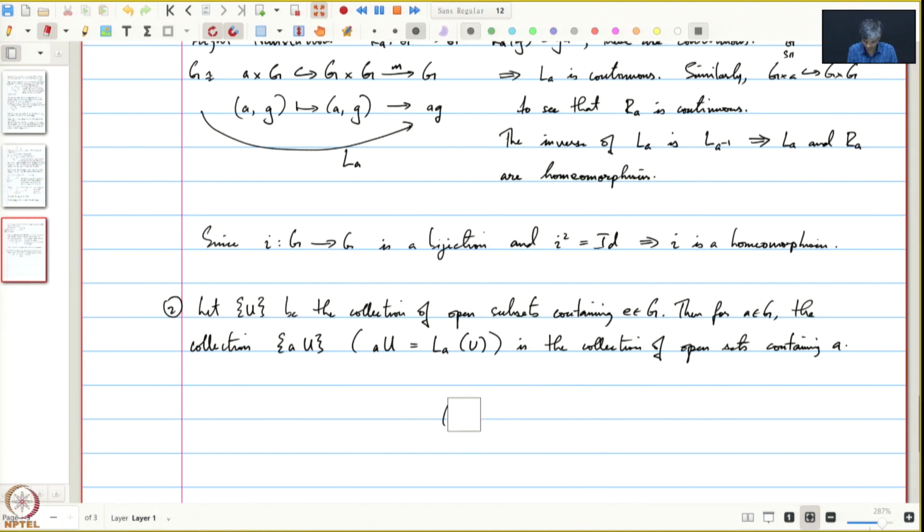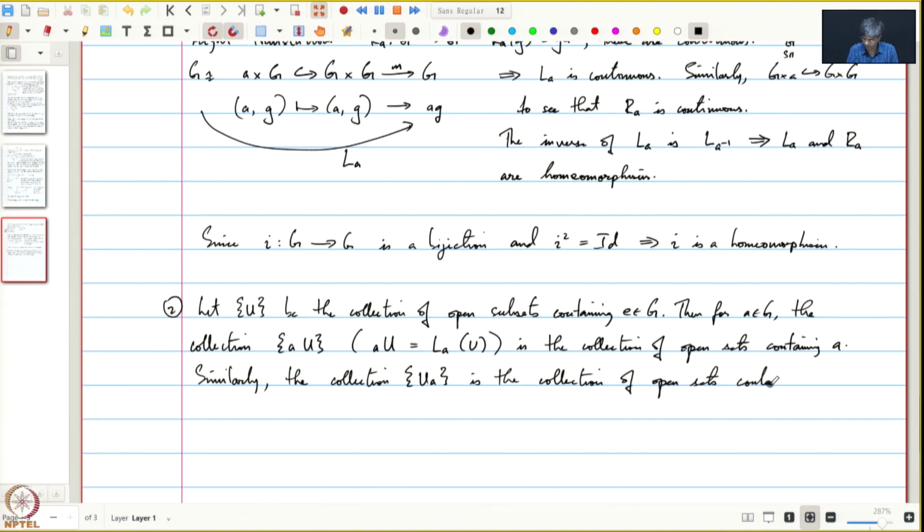Okay. So similarly, the collection U times A is, by the same reason, the collection of open sets containing the element A.